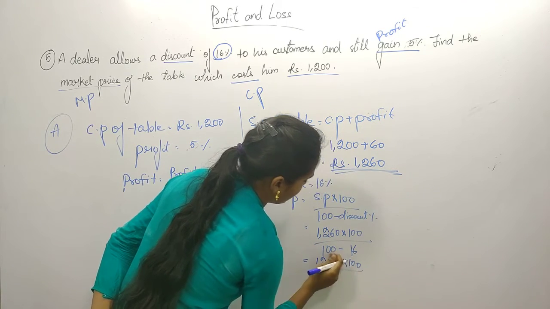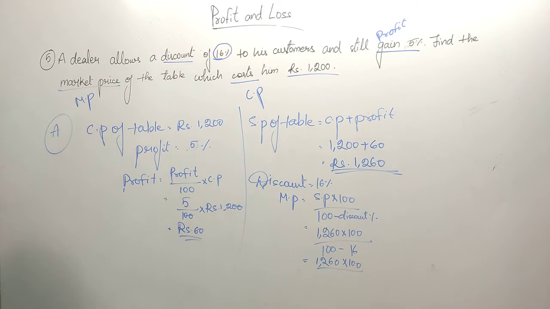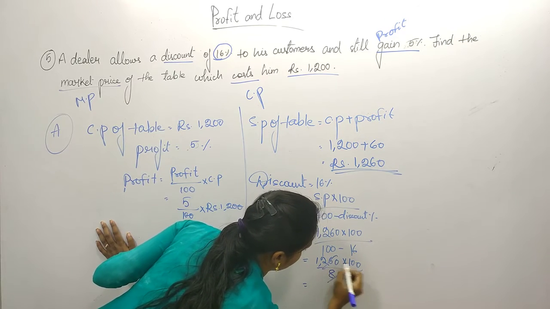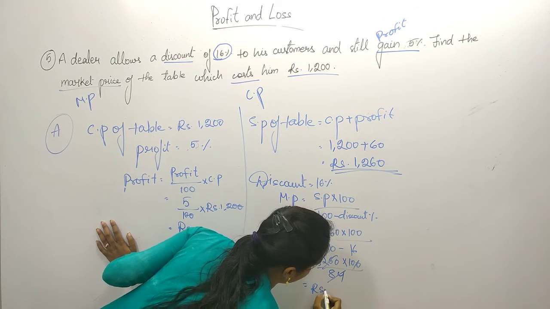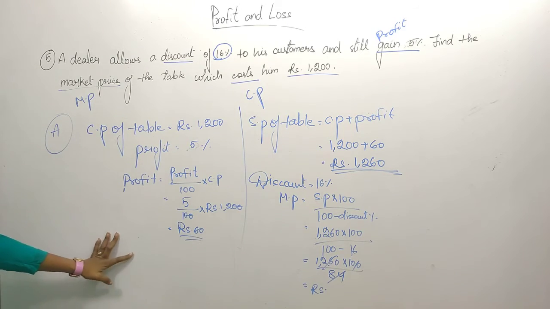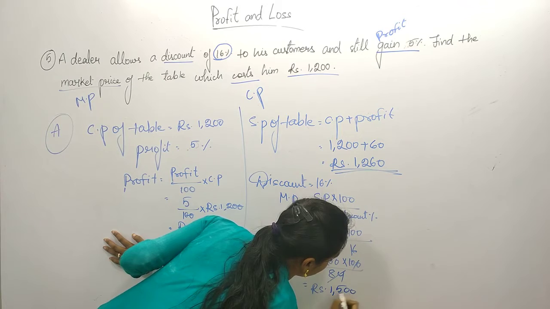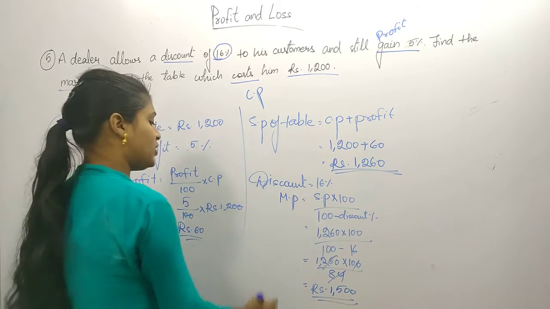By subtracting 100 minus 16, we get 84. After doing all the cancellation, the final answer is rupees 1500. This is the actual market price.